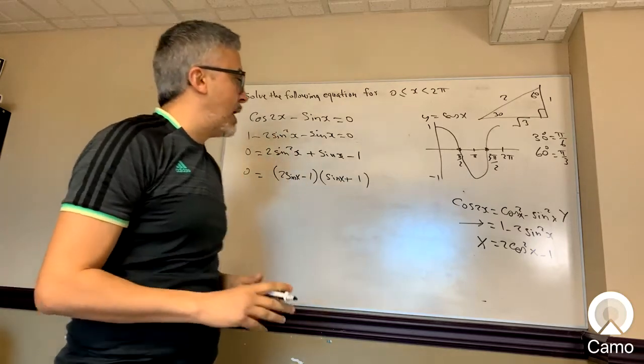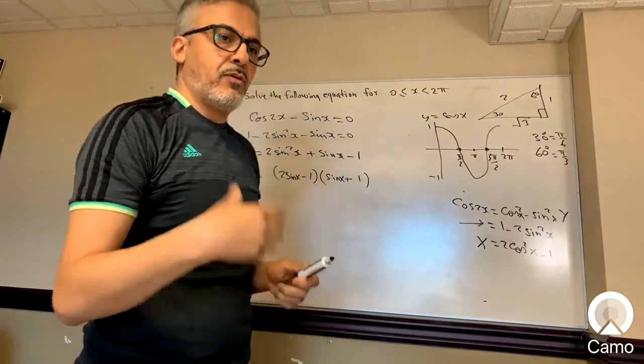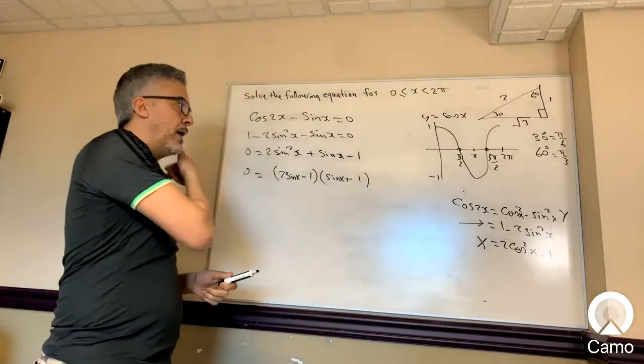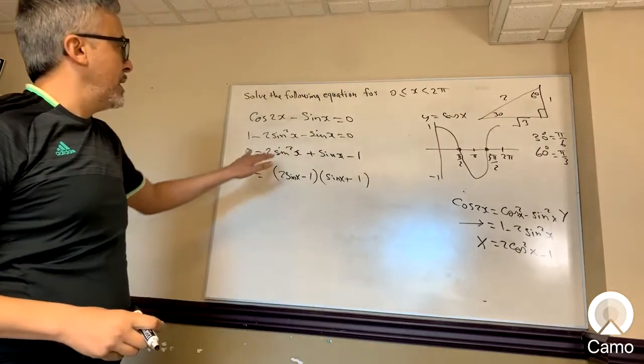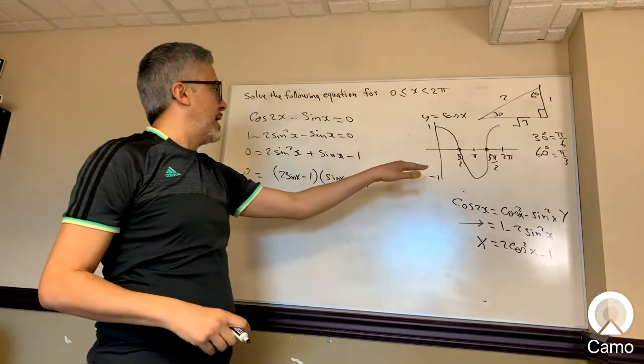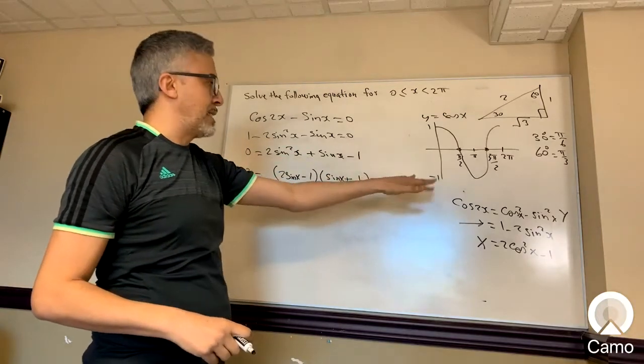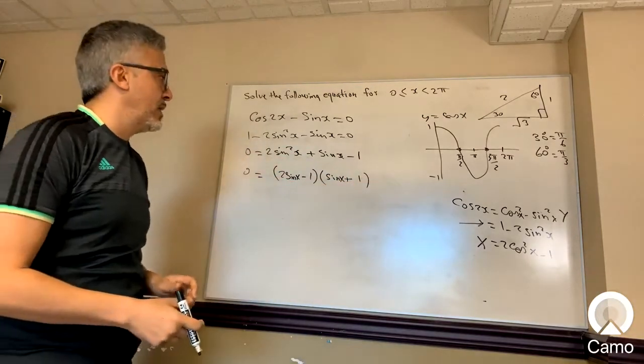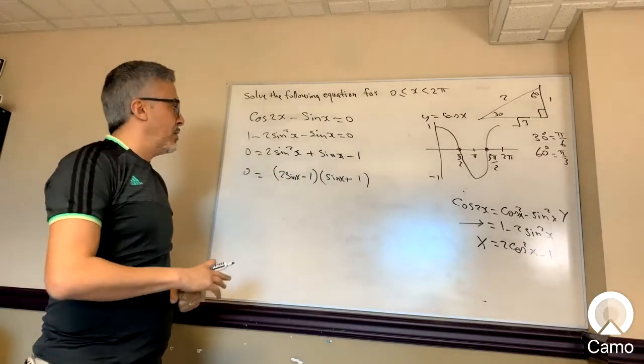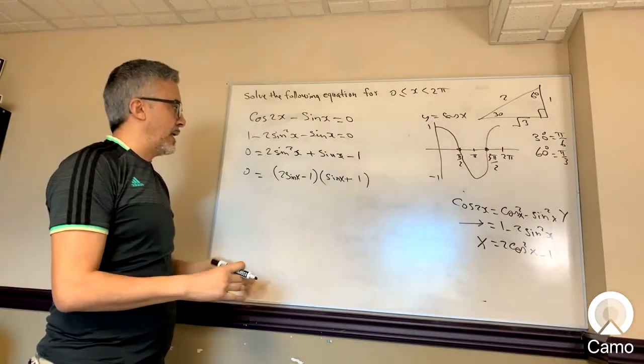Factor it any way you like, whatever method you use. If you use decomposition, go ahead. If you like to change this into 2 sine squared x plus 2 sine x minus sine x minus 1 and do that first, that's fine. Whatever method you're happy with, just do it and get me this.